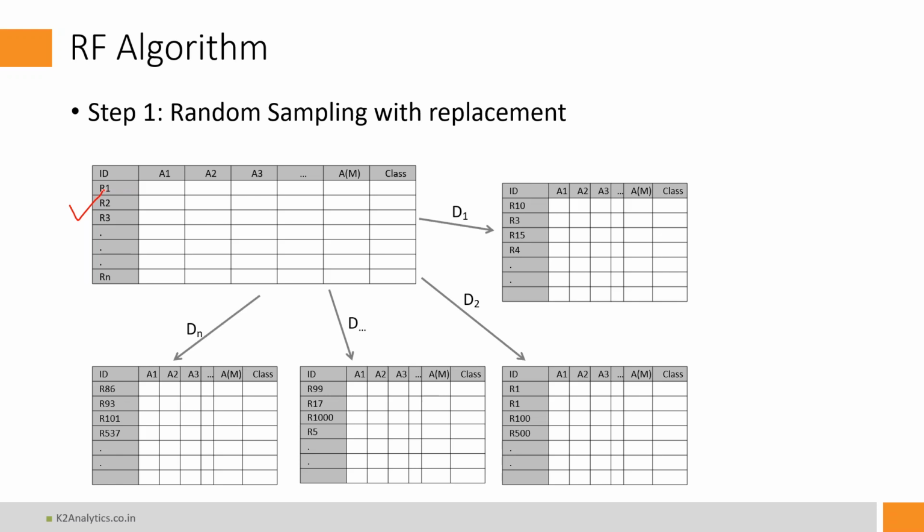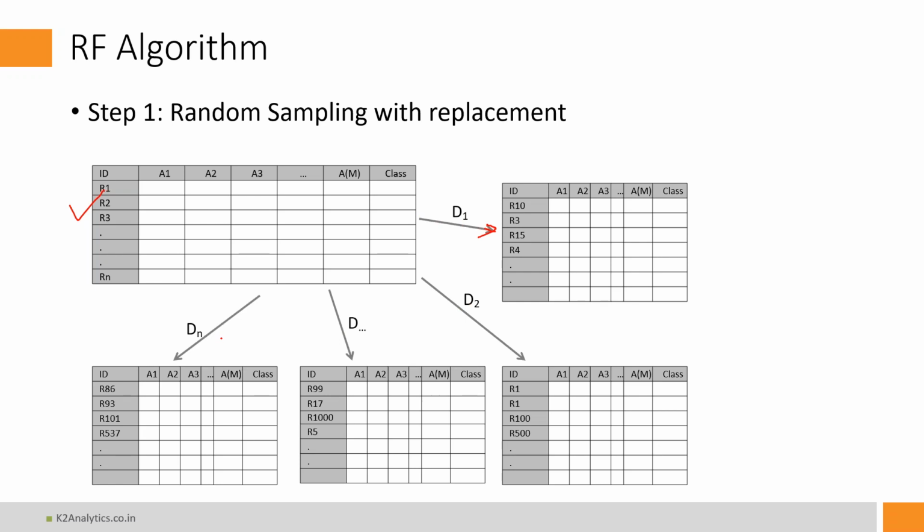That is basically a process of finding out the optimal number of trees we require for model development. For now, let's go with the flow and say I would like to have 21 trees, and I have passed this data set to my algorithm. Step 1, which the algorithm is going to do, is from this population create 21 different data sets, D1, D2, D3, up to D21.